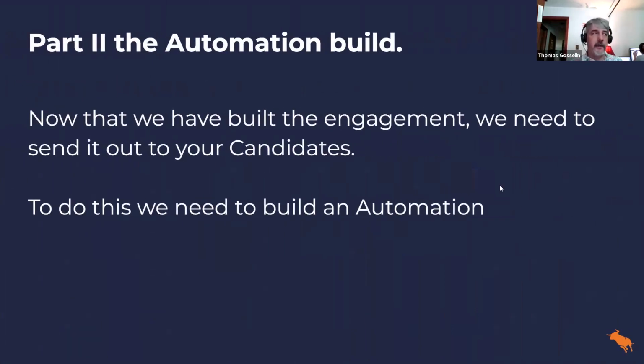So part two of this will be, we've built the engagement. Now we just need to market it and send it out to our candidates. That's the point where we'll go in and build an automation with a candidate email send, and I'll show you how to connect your engagement to that automation so that you can pull your list of candidates and send it out to them.